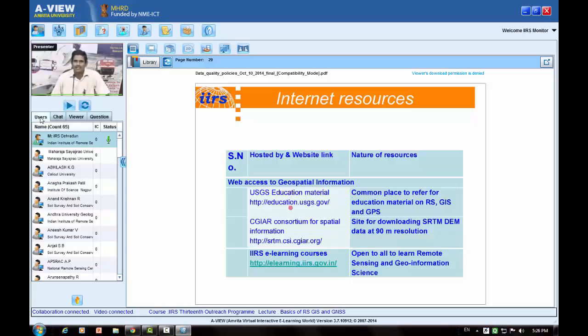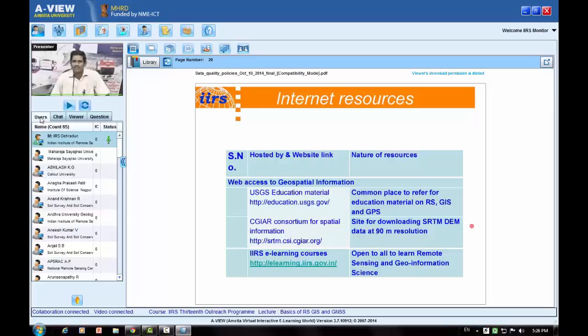And then there are many educational materials, like USGS, with a lot of materials at education.usgs.gov talking about remote sensing and GPS. The second is CGIAR, Consortium for Spatial Information.